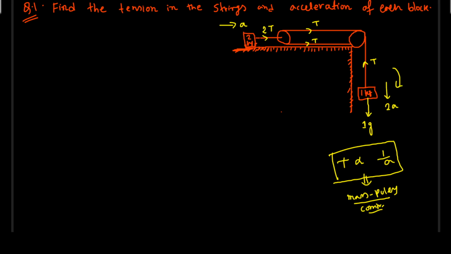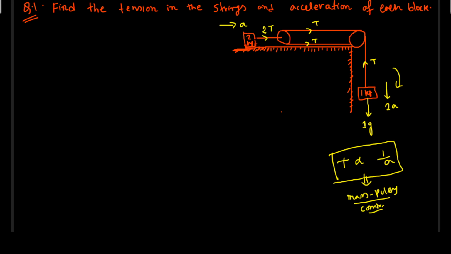Here the tensional force is twice, and the tensional force is inversely proportional to acceleration. So if we take the acceleration here as A, here it will be 2A, or if the acceleration here is A, then here it will be A by 2. Always, where the tensional force is more, the acceleration is less relative to the other.